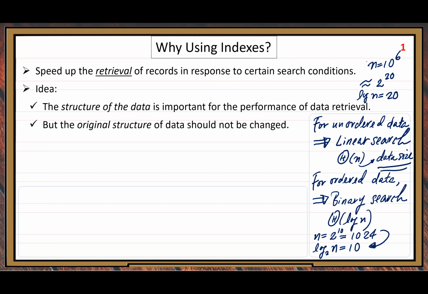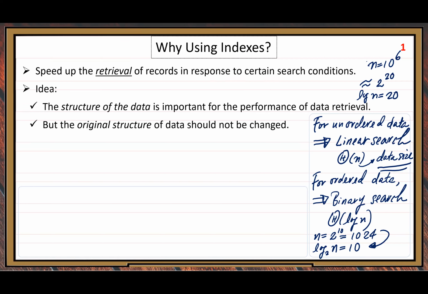That means we should use a secondary, auxiliary structure supporting our current table structure. We add extra structure, extra supporting data, to make our search operation faster.